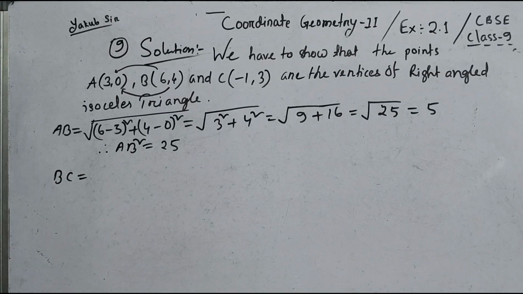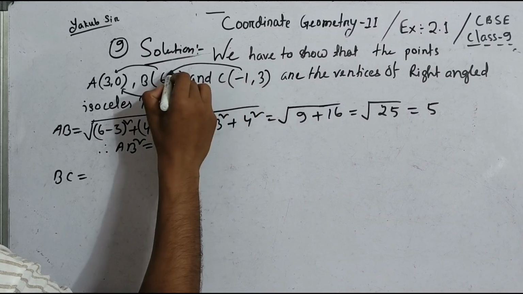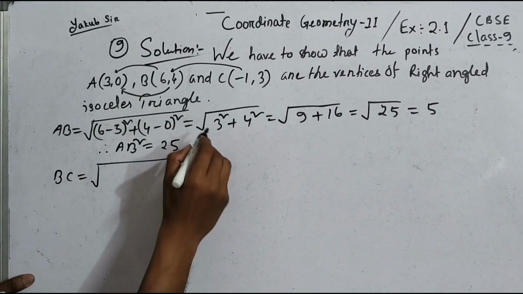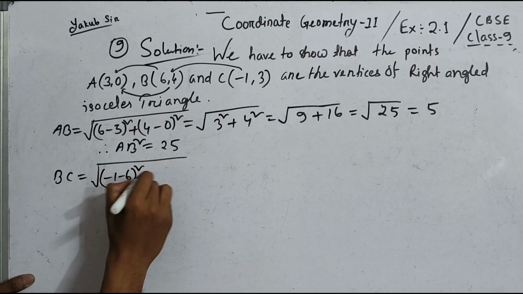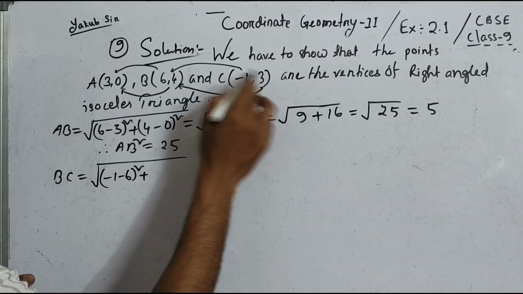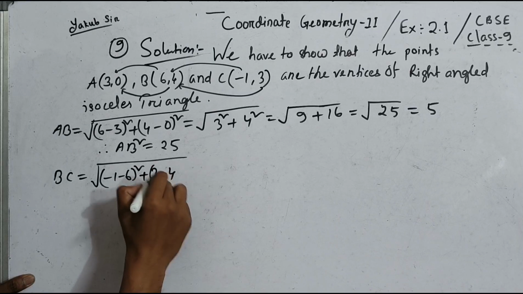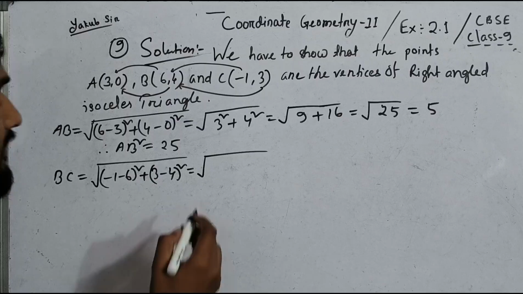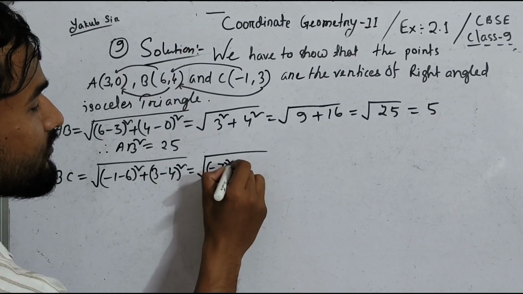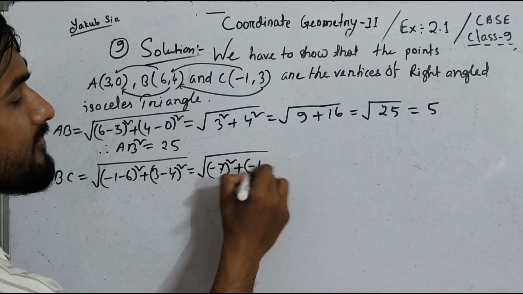Okay, let's find BC. BC equals how much? x2 minus x1: (-1 minus 6) whole square, plus y2 minus y1: (3 minus 4) whole square. Minus 1 minus 6 is minus 7 whole square, and 3 minus 4 is minus 1 whole square.